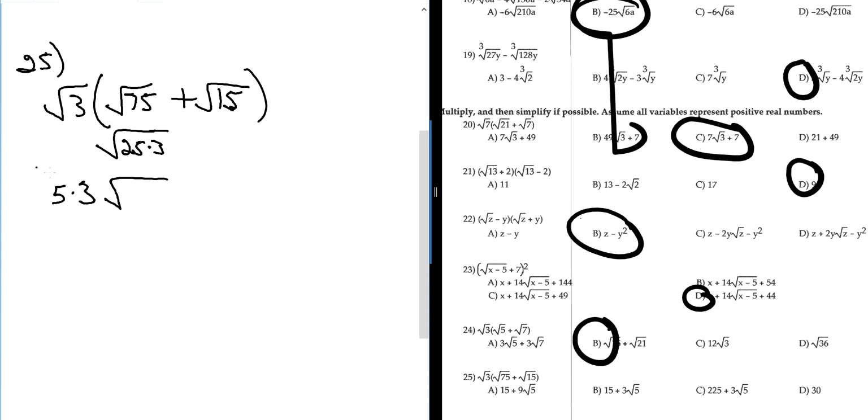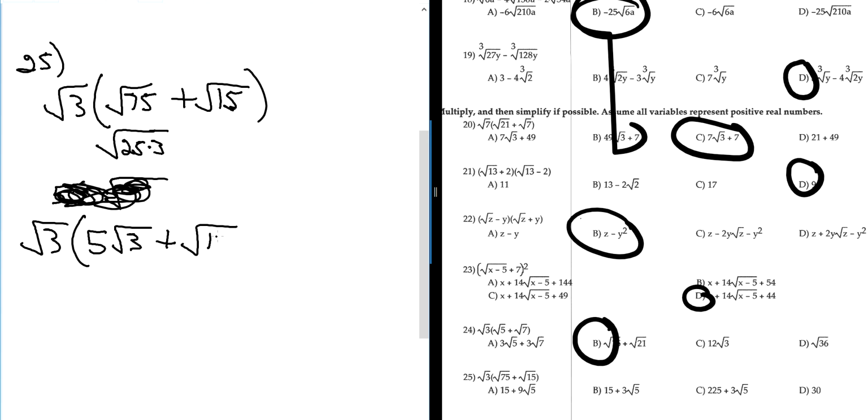Wait a minute. Now, where'd that 3 come from? Never mind. Scratch that. Let me just look at what I'm doing here. So I've got the square root of 25, which is 5, so the 5 can come out, and then I'm left with root 3. And this root 3 is on the outside, and then that would be plus the square root of 15. Let's see how it runs this way.